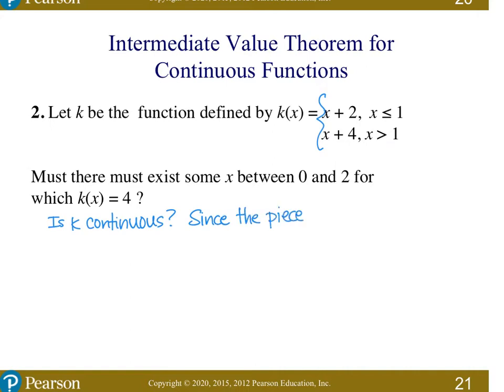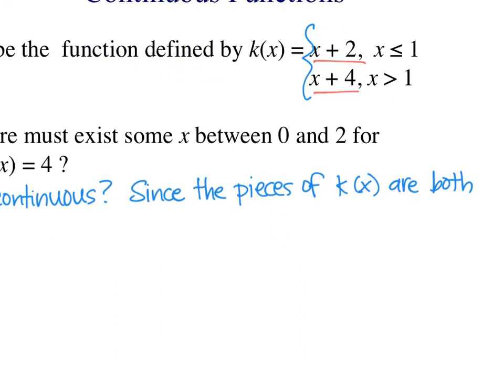Since the pieces of k are both linear, all right, x plus 2, x plus 4, those are two lines. Those two lines are connected. Okay, those two lines are continuous by themselves, but are they connected?